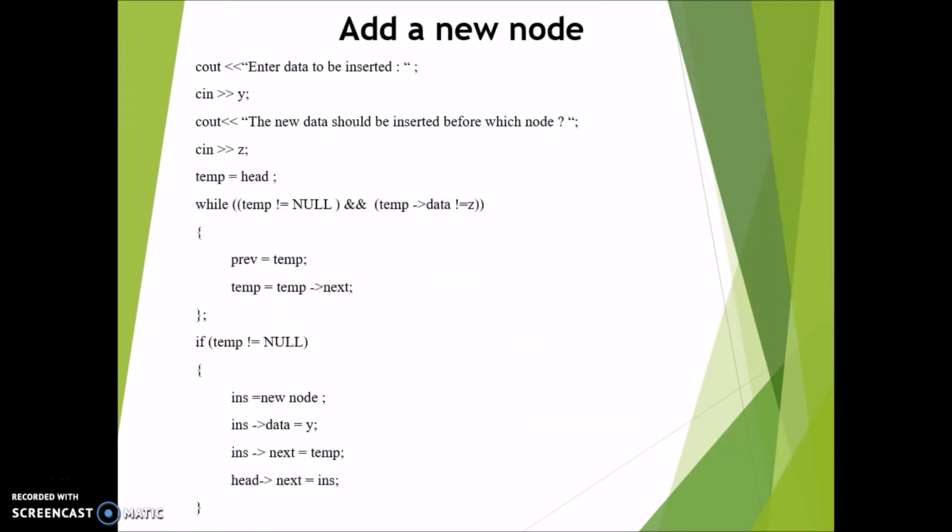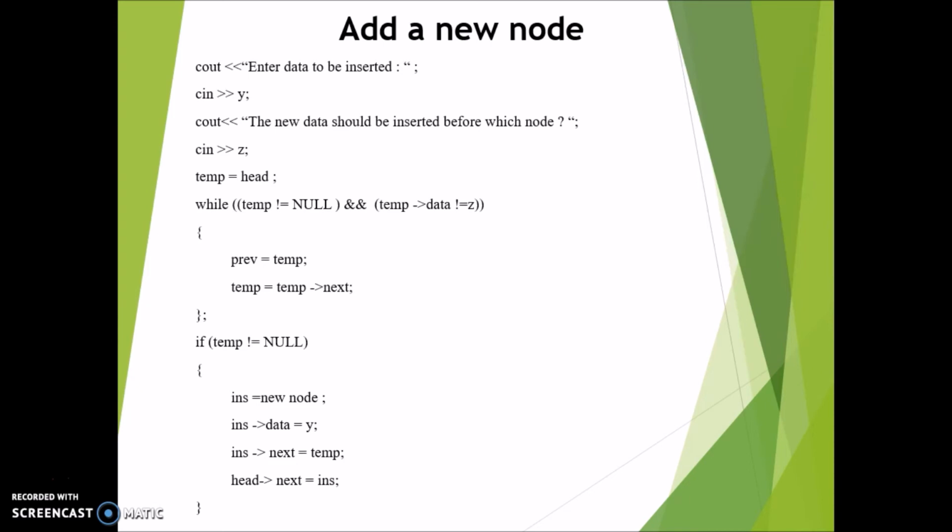Okay, now we are going to talk about how to add a new node into a linked list. First we ask the user to enter the data they want to insert, and we read it into y. And then we also ask the user before which node they want to insert the new node, and we read it into Jack. First we set temp equals to head.